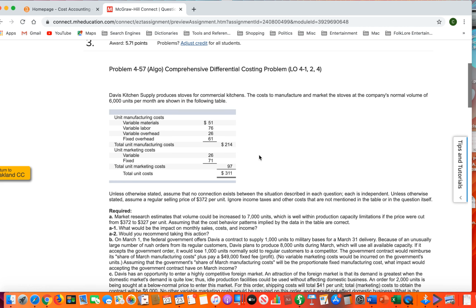Then you take, let me see how I do that. You take that fixed overhead of 61 and we're going to multiply that by 6,000. 6,000, folks.